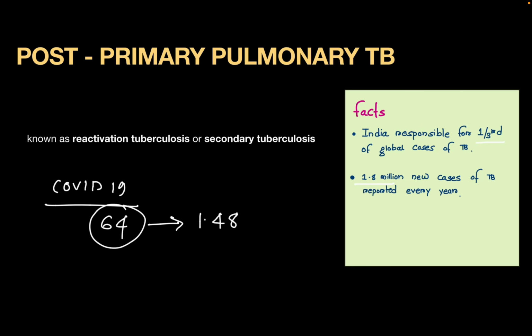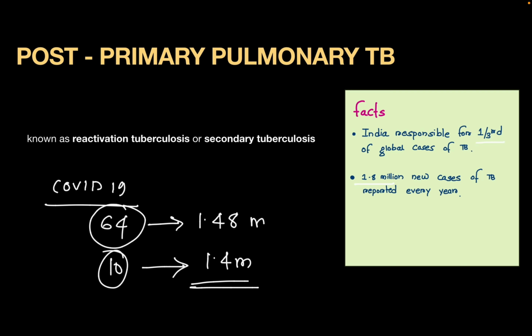While for TB, the cases were 10 million in 2019, and deaths due to tuberculosis were 1.4 million. So it is very important to discuss post primary pulmonary TB.